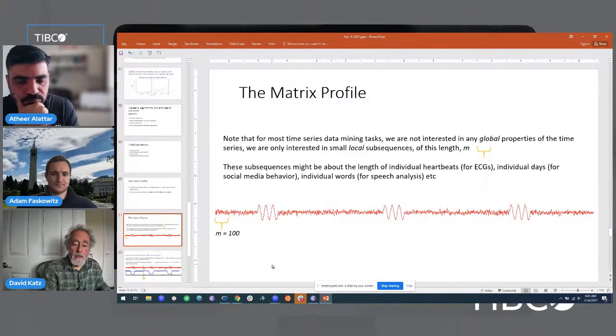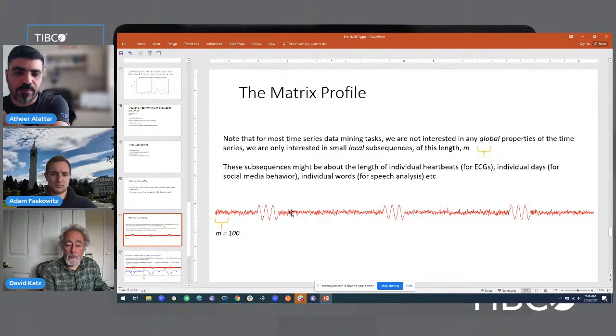This is an example of an application where you're looking at a time series that kind of has two modes. A mode that's very frequent and a mode that's very unusual, right? But when it happens, it's very similar to these other ones.